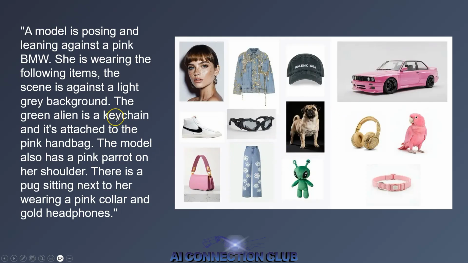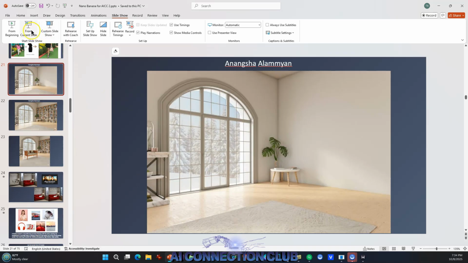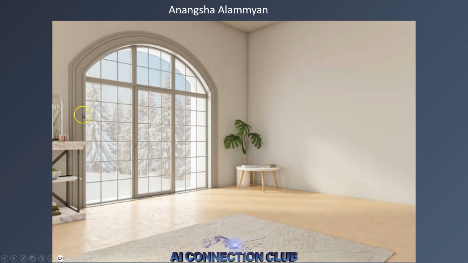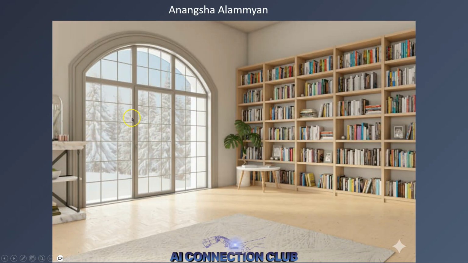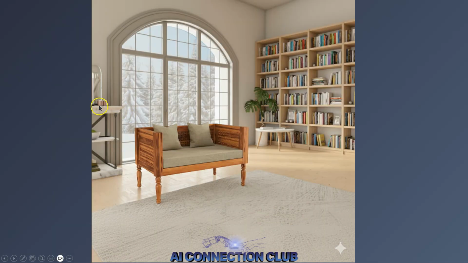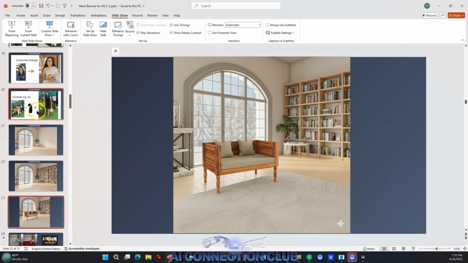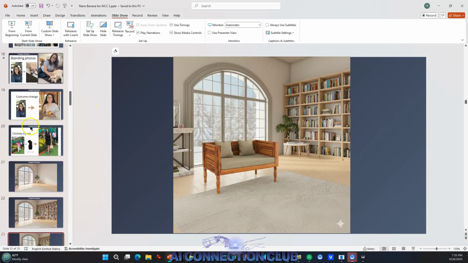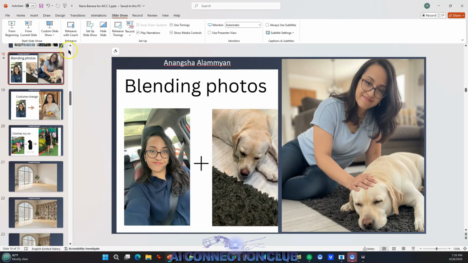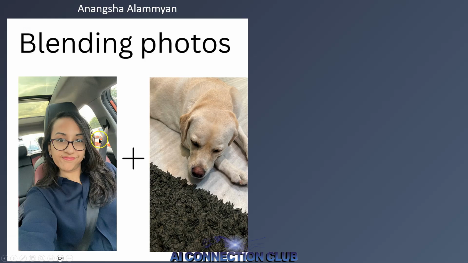And with Nano Banana, you can also put in a room and say, what would it be like if this was a whole bunch of bookshelves? And it does it. And you say, what about a couch here? And it does that. So you can design rooms and all sorts of things in different ways. And you can also say, okay, take these two images and blend them. And it creates that.